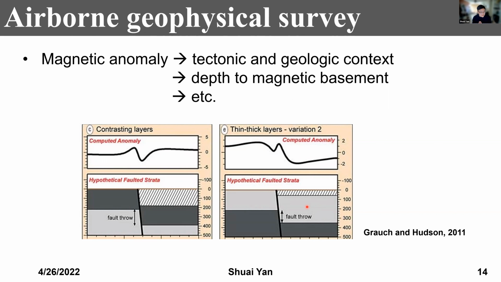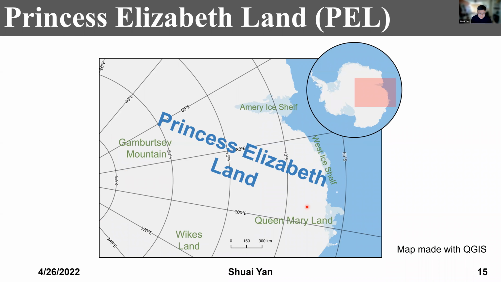So next, as promised, I will tell you a story about how we use this method in Princess Elizabeth Land, East Antarctica, PEL. PEL is this sector of East Antarctica sitting between Amery Ice Shelf and West Ice Shelf, two of the major ice shelves in East Antarctica.